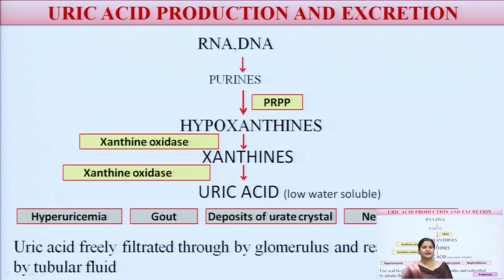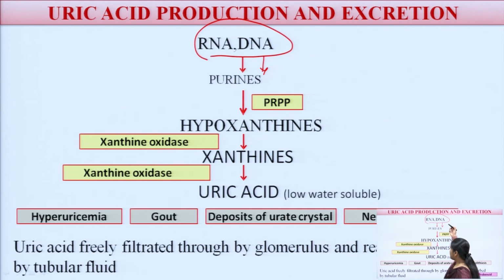Here we discuss how uric acid is produced and how it is excreted. DNA and RNA contain purines, right.